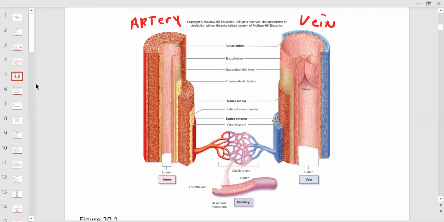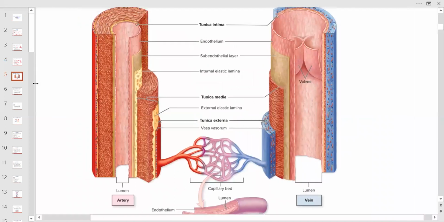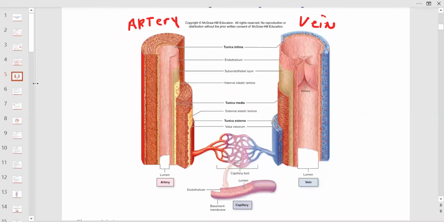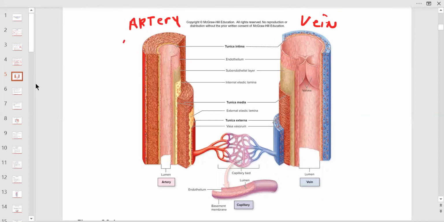But the aorta is very elastic. There's more elastic fibers in the aorta. So this is a typical distributing artery, because the artery is serving oxygen to all the tissues in the body, starting off of the aorta. So these are branches off of the aorta.